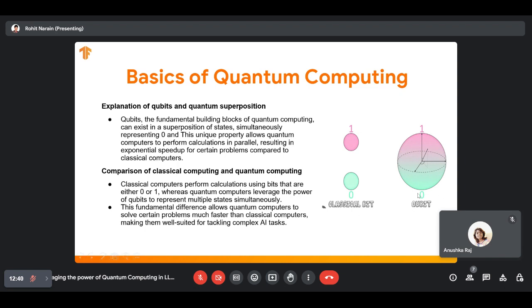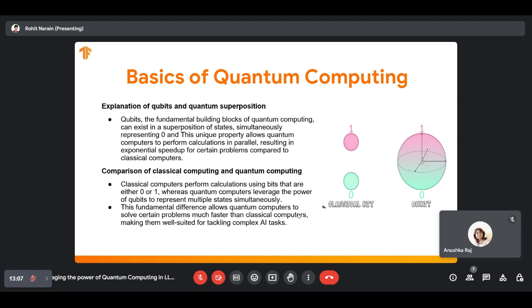In qubits, we have three states: one is zero, second is one, and third is zero or one, which falls between zero and one. So we can say an atom can be in the zero state, in the one state, or in both states at a time. This is a qubit, which creates a major difference from classical computing.